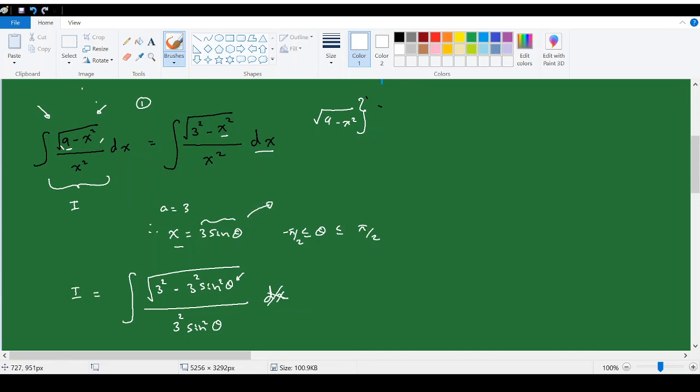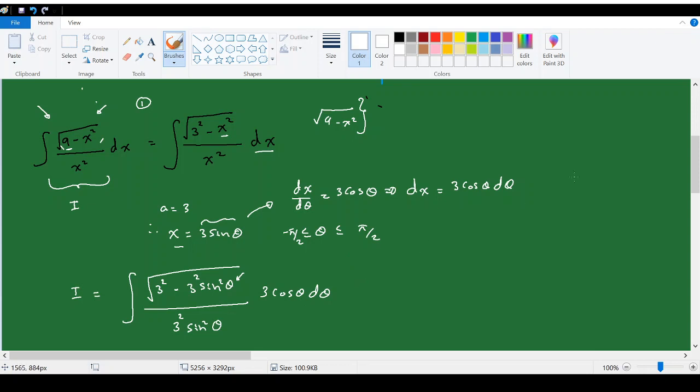To find that, we can just differentiate our first equation. When we differentiate with respect to theta, it becomes 3 cos theta. That means dx can be written as 3 cos theta d theta. So in place of dx, we can just write 3 cos theta d theta.